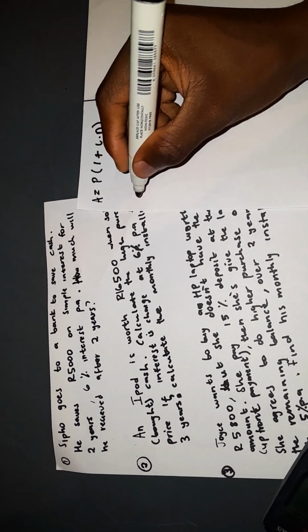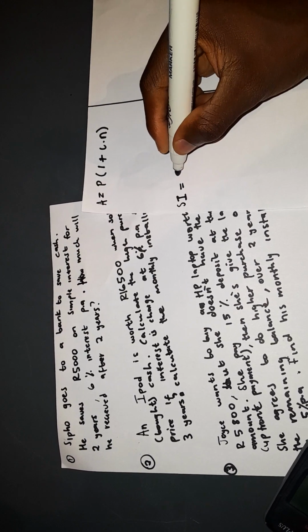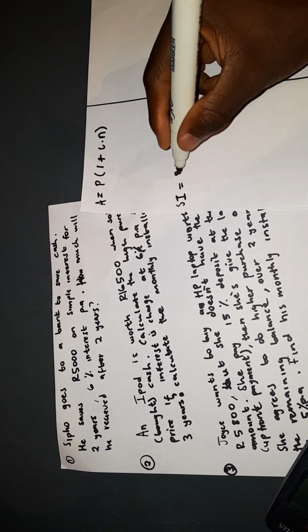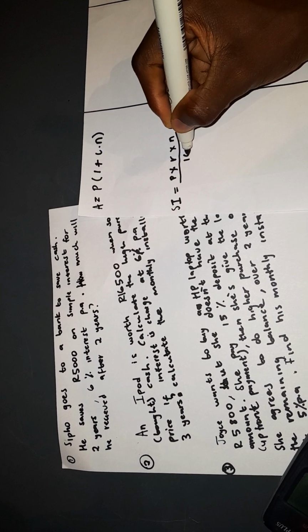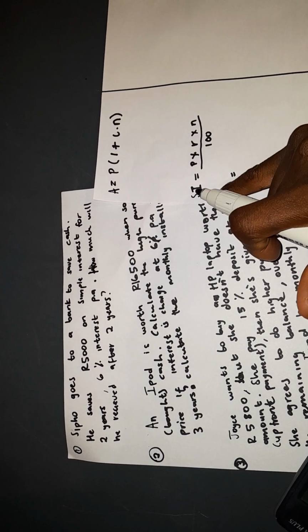Some of you may be used to the other way: the principal value, which is the invested amount, times the interest rate times the number of years, over 100, which gives you the simple interest amount. Then you take the principal value and add it to this answer, which gives you the accumulated amount.